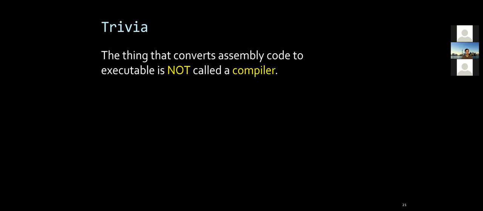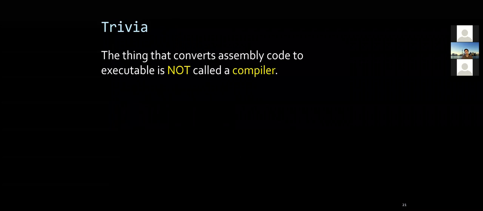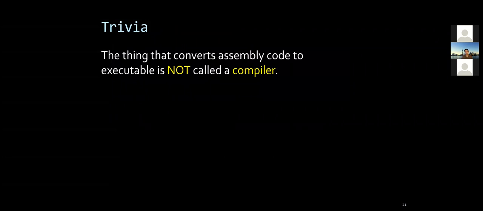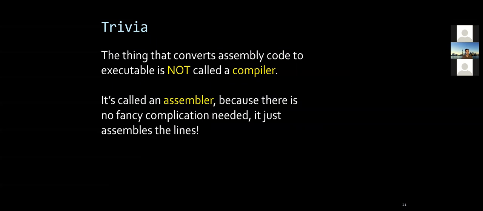Okay, so one question here is, the thing that converts assembly code to an executable is not called a compiler. This is something that people confuse. They think if I take assembly and convert it to machine code, that's a compiler. That's actually not called a compiler, it's called an assembler, because there is no fancy compilation needed.